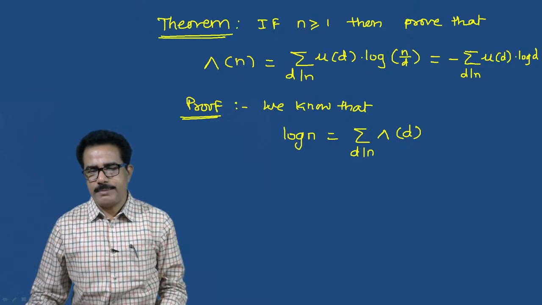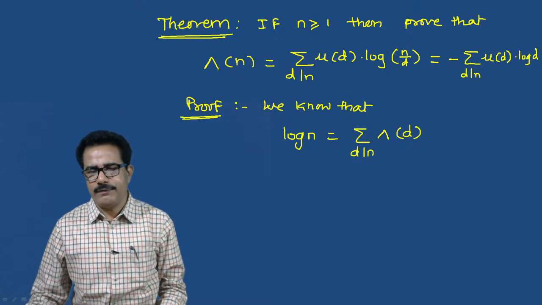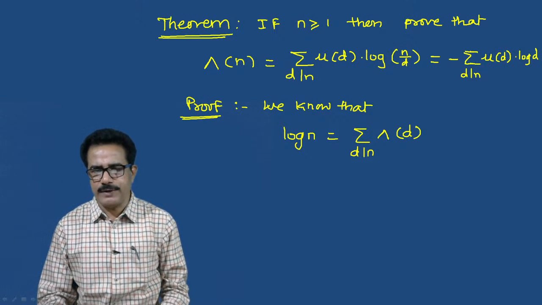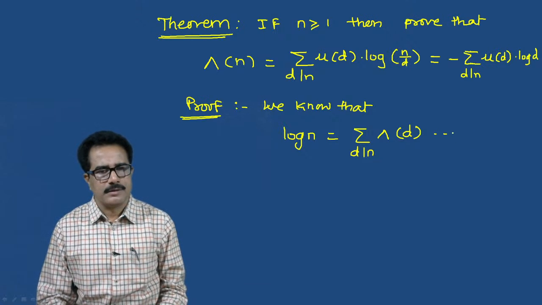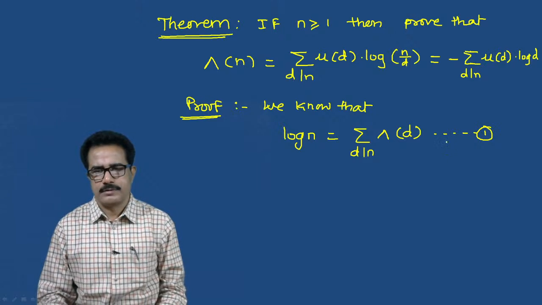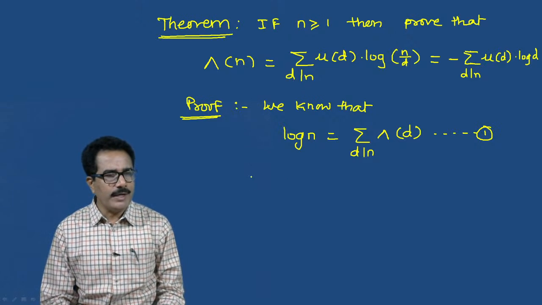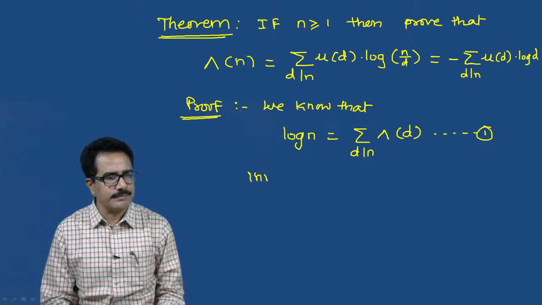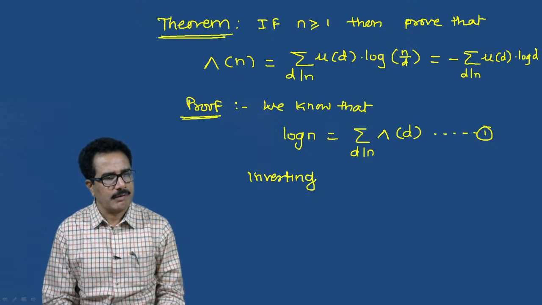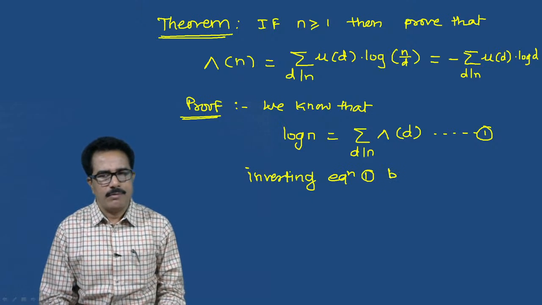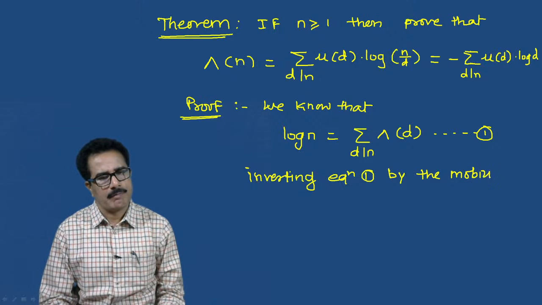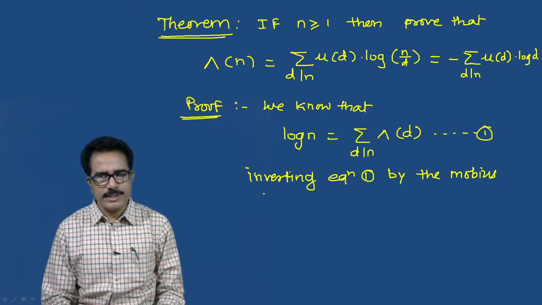Okay, summation d divides n lambda of d. Now by the Mobius inversion formula, inverting equation 1.